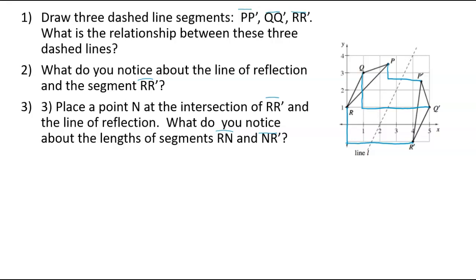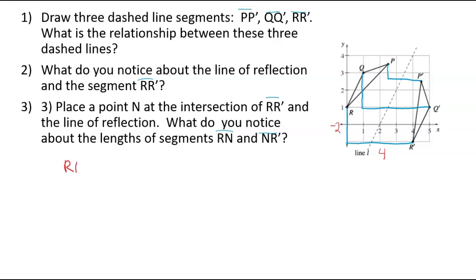Now, this is something interesting. I want to know what's the relationship between these 3 dashed lines. If you look at R to R prime, notice I'm going down 1, 2. So I go down 2, and I'm going over 1, 2, 3, 4. I did I count correctly? 1, 2, 3, 4. I meant to say 4.